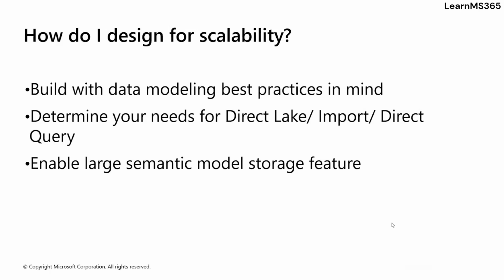For example, if you have a 40 GB dataset, you will need at least 80 GB of memory available, and a 40 GB dataset would be best supported by a P3 or A6 capacity, which contains 100 GB of memory. If you're not sure which license type your organization has, you can check with the Power BI administrator.